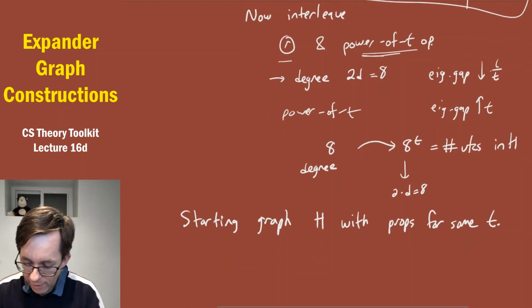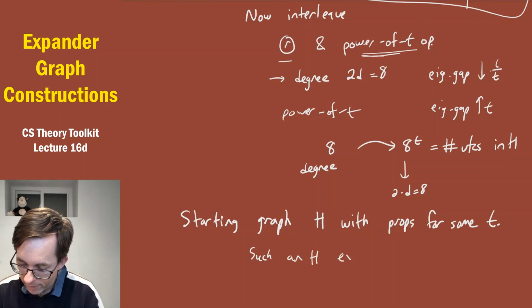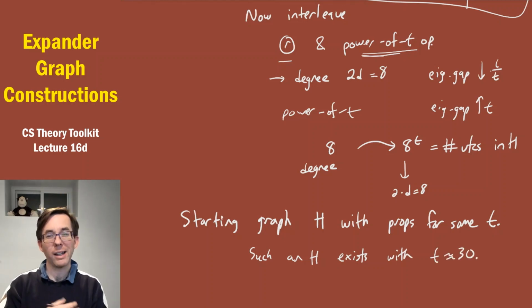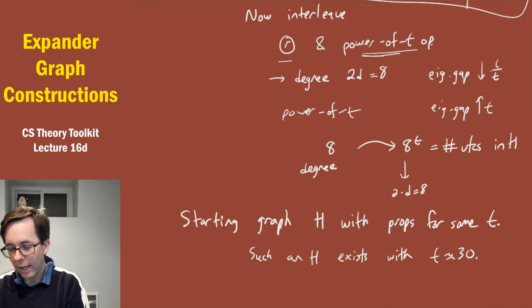Indeed such an H exists. It can be shown with t being, I don't know, like 30 or something. I somehow convinced myself of that, that a random graph will have these properties.